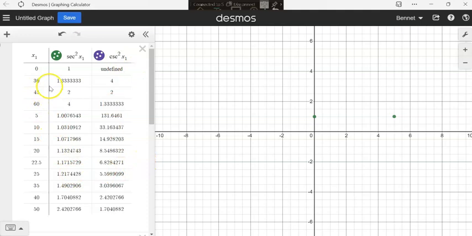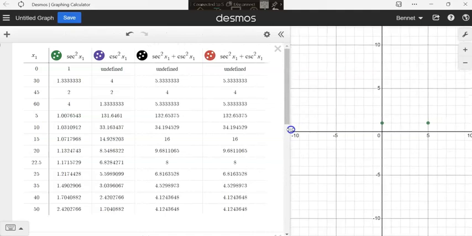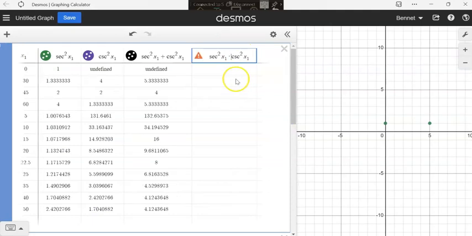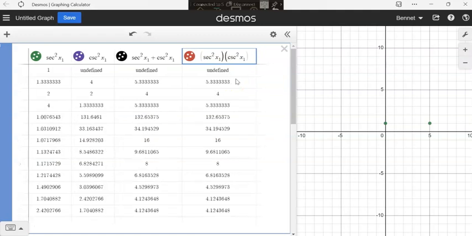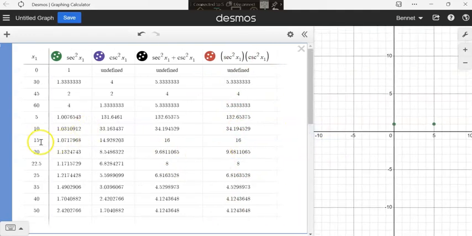But that's not the only ones, right? Like I can do a bunch of different numbers all the way down that if I show this out, right, anytime you ever add secant squared plus cosecant squared, that's going to be the same as, I better change one of these to multiplication, secant squared times cosecant squared. Okay. They end up being the same thing. 15 degrees, you end up with like 1.071 and 14.928, and they even end up being like nice clean numbers.